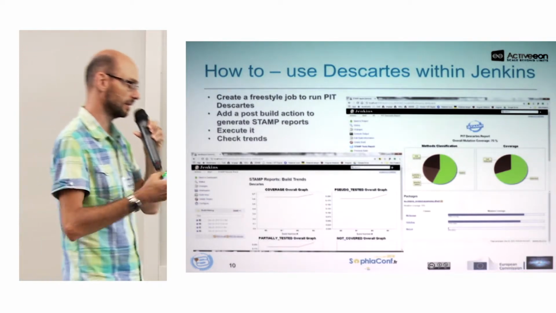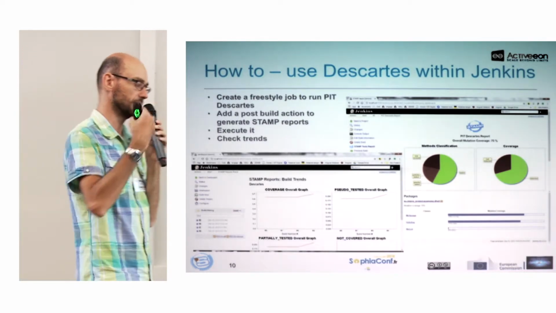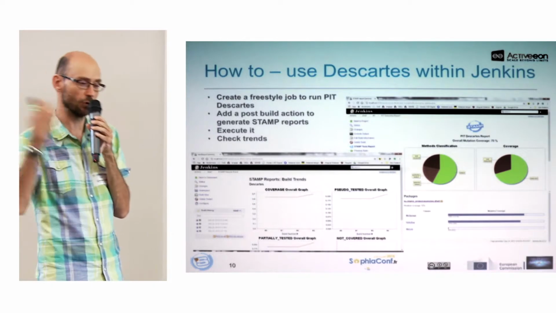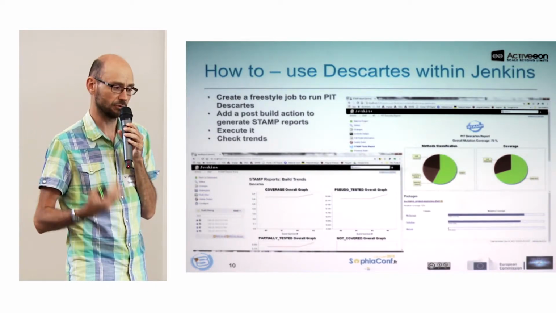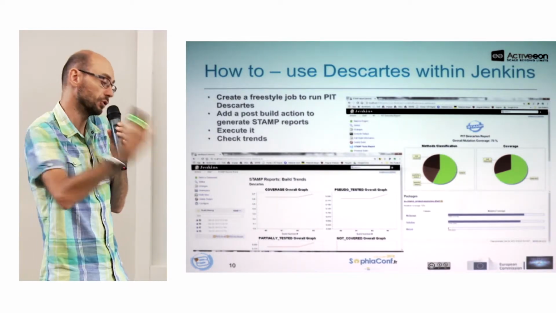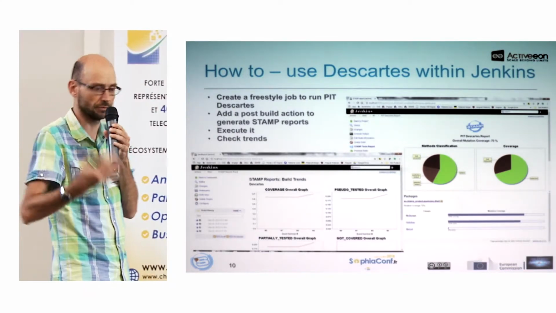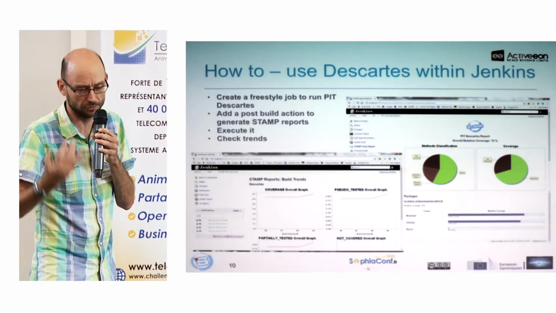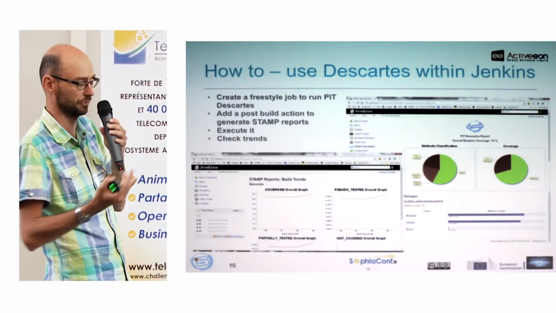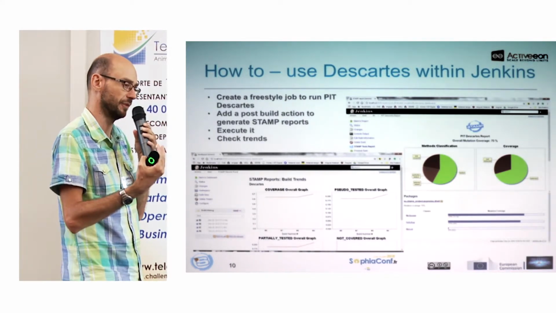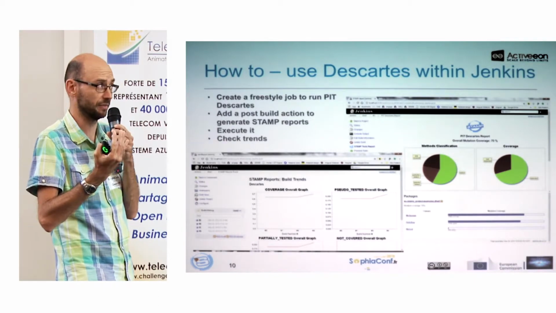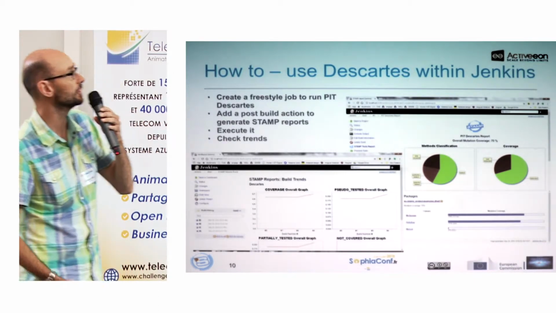For DSCart, the best way is to integrate it into Jenkins, because it produces a report. It produces source code, of course, but you don't need to see the source code. You don't need to see the mutants. It can give you some information, of course, if you want to see them. But the most interesting thing is the report and the score at the end. And the score here is a mutation score.